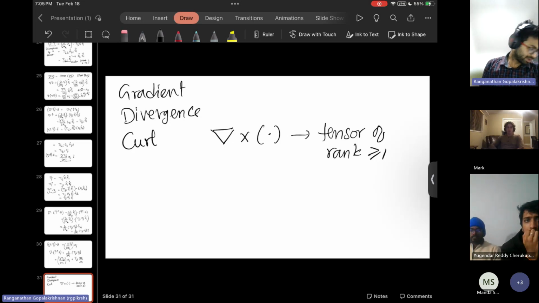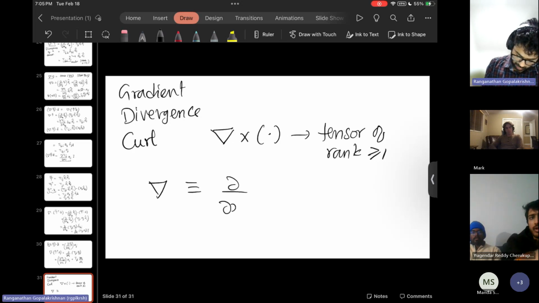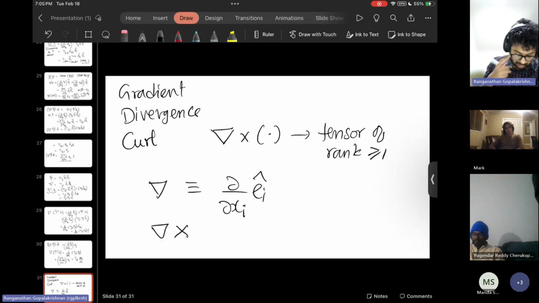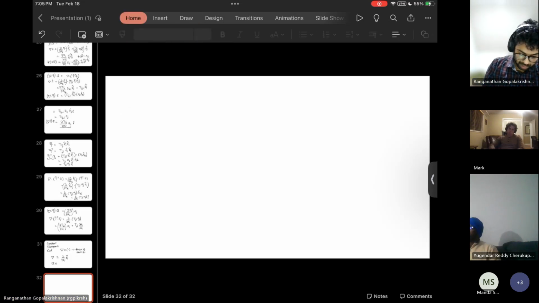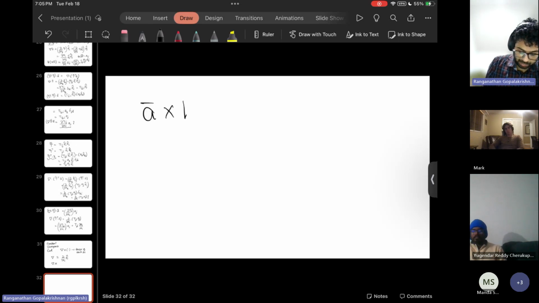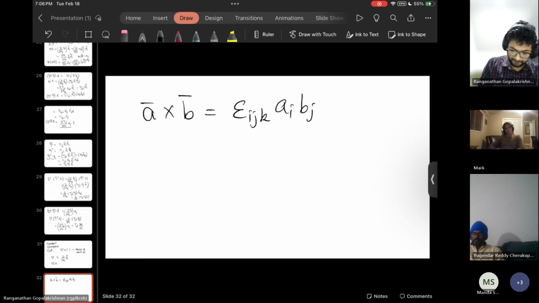When we write gradient, we usually know this stands for partial over partial x_i e_i. And when you're doing the gradient cross something, you have to think of how you do A cross B. Recall what is A cross B in determinant notation or matrix notation. This is epsilon_ijk A_i B_j e_k.